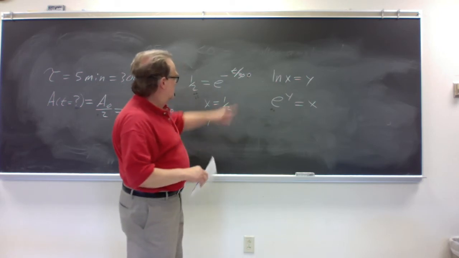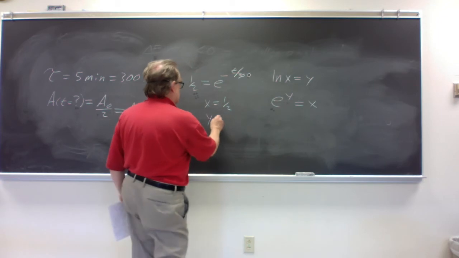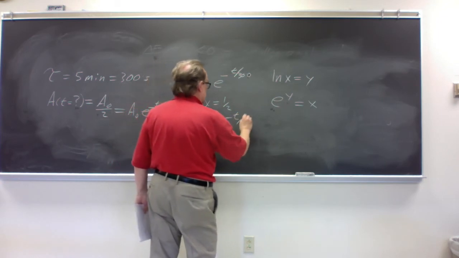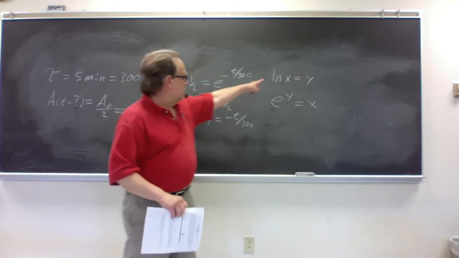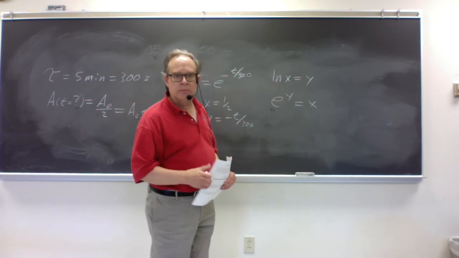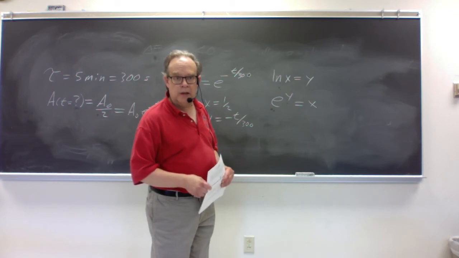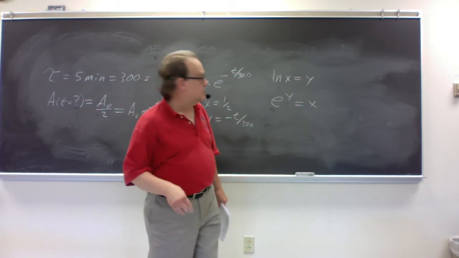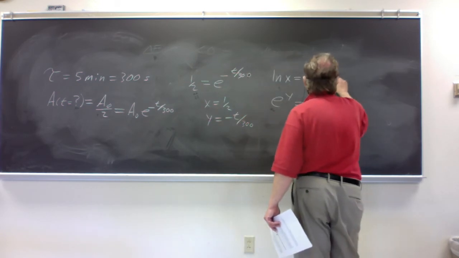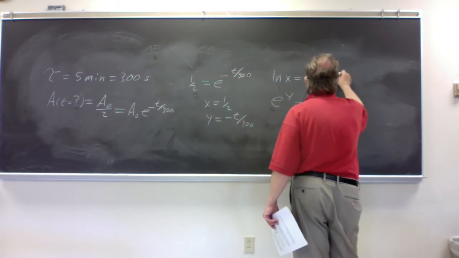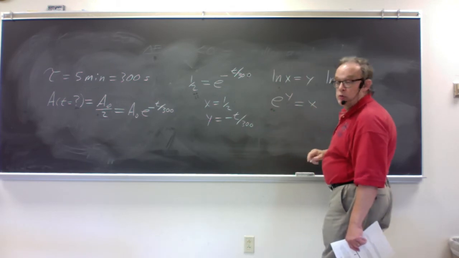And then that exponent corresponds to y, minus the mystery time over 300 seconds. So take that x and y and put it in this equation, and have the calculator tell you what the value of the natural log is in this case. So x is 1/2, so we've got ln of 1/2 equals y, minus t over 300 seconds.